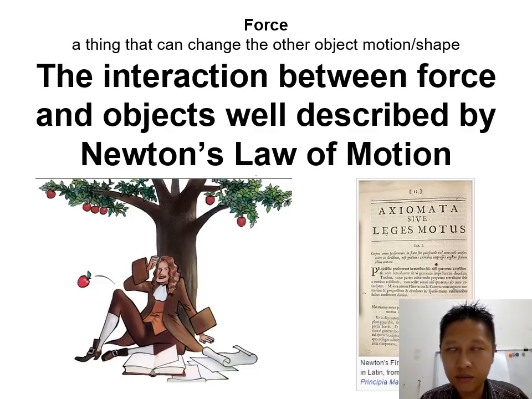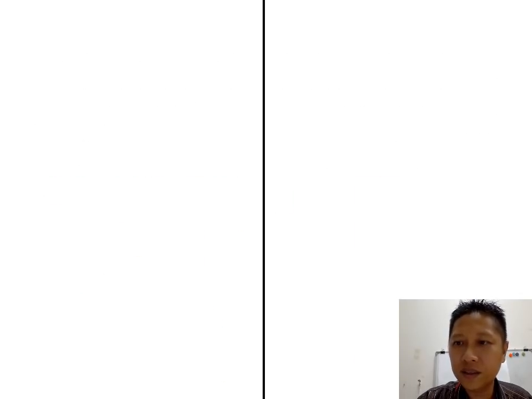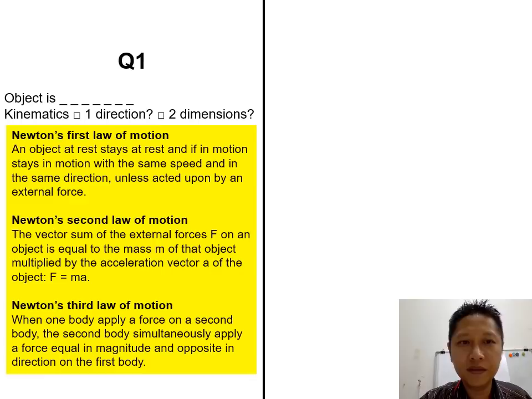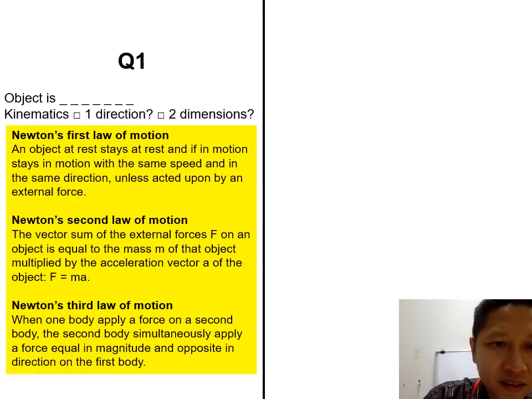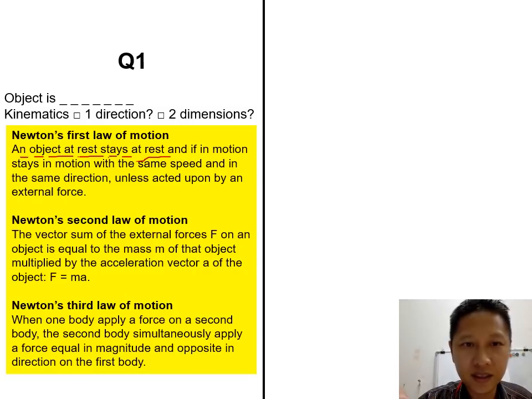That's over 300 years ago, so many years ago. But the formulas are still usable. What is the first Newton law? The first Newton law says that an object that's at rest always stays at rest.